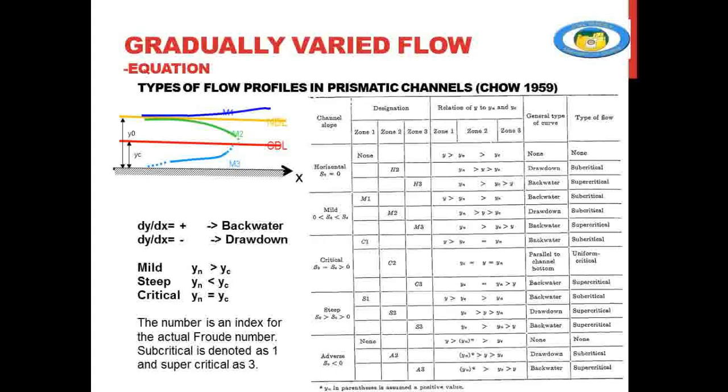There will be backwater and it will be supercritical flow. Whereas in the case of M1, there will be backwater again, but that's subcritical flow. The depth is larger, so obviously the velocity is smaller. But in M3, the depth is smaller and the velocity will be larger, supercritical flow.